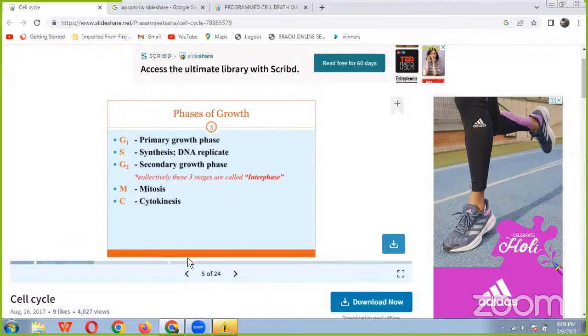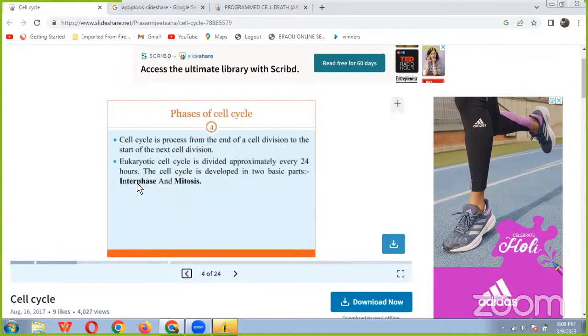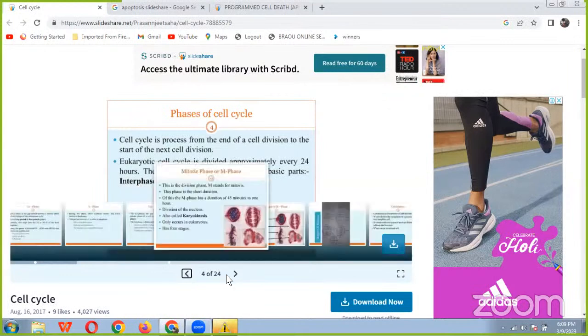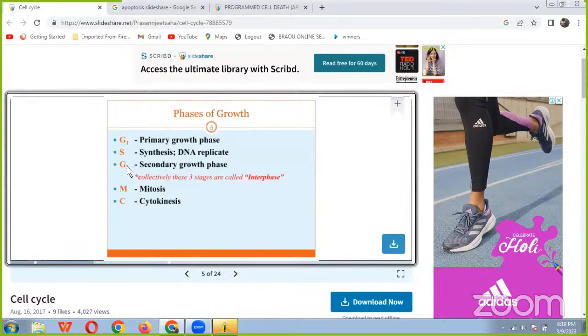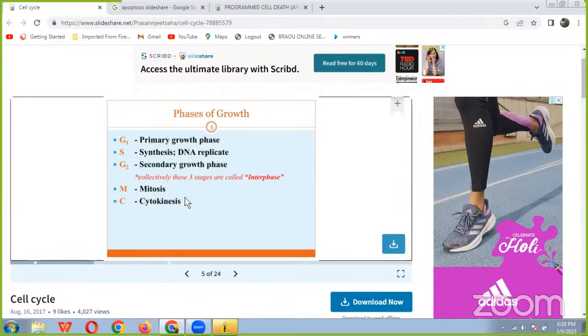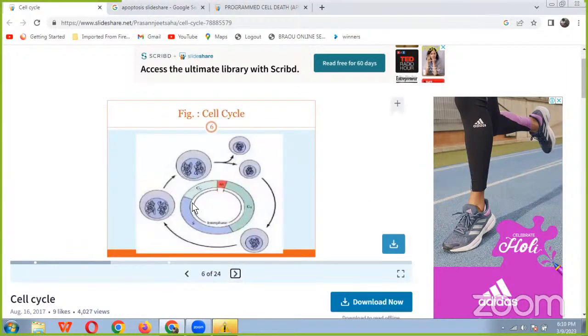We already discussed that the cell cycle has two parts, interphase and mitosis. Interphase is divided into G1 phase, S phase, and G2 phase. Then mitosis and cytokinesis.